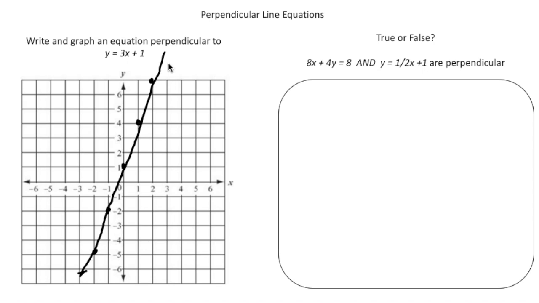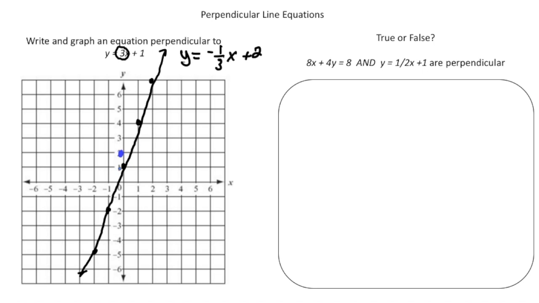There's our line y = 3x + 1. Again, we need to focus on the slope. If the slope is 3, we know that the slope of a perpendicular line is going to be -1/3. And then we can use really any y-intercept. I'm going to use just +2, and I'm going to use a different color here. Let's go with blue. I'm going to start off at 2, and this time we're going to have a negative slope of 1/3.